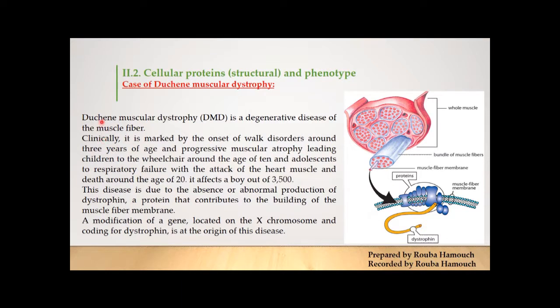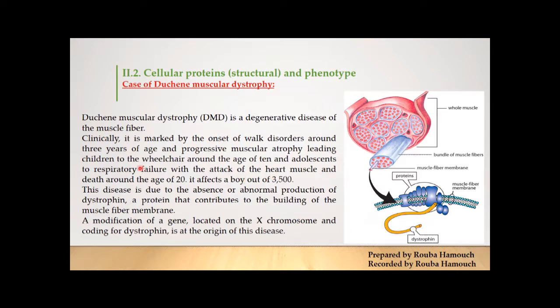Clinically, the Duchenne muscular dystrophy is marked by the onset of walk disorders. There are problems in the walk around 3 years of age, and it is marked by a progressive muscular atrophy or muscular death, leading children to the wheelchair around the age of 10 and leading adolescents to respiratory failure with the attack of the heart muscle.